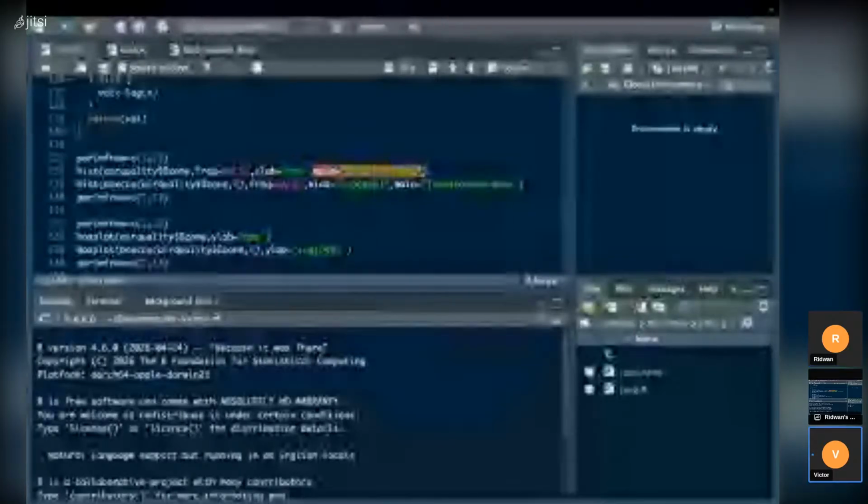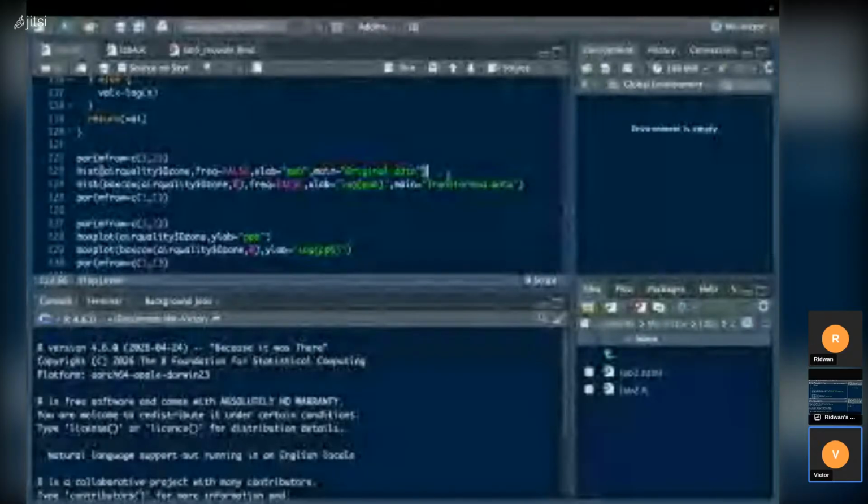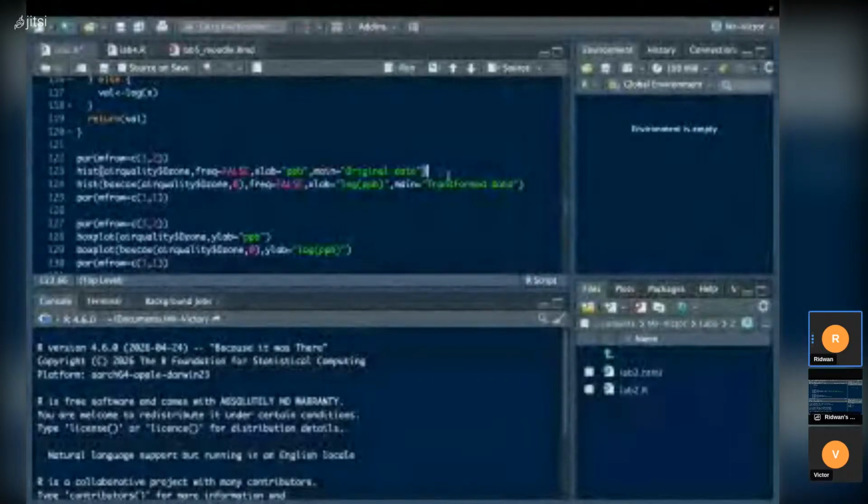Yes, the xlab is the x axis, the name of the x axis, right? Then the frequency equals FALSE. If we put frequency equals FALSE, what's going to happen to our graph? From the name, frequency equals FALSE, what does it tell you?